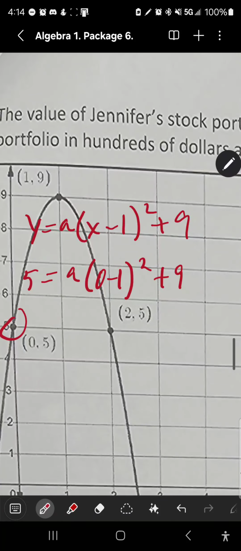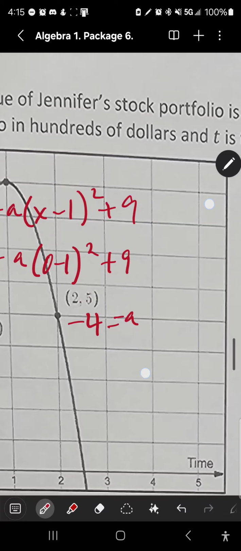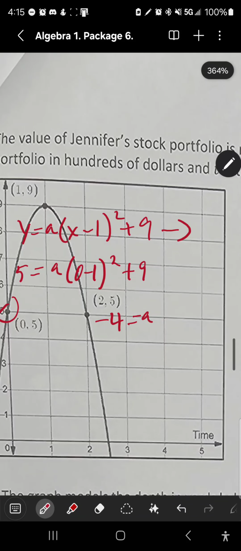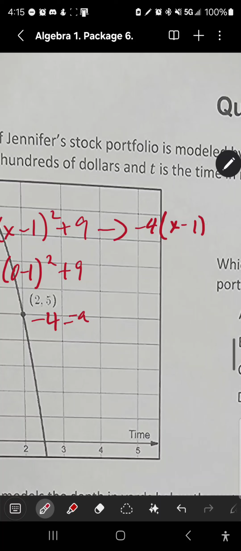I subtract 9 from both sides, so I have negative 4 equal a, and 0 minus 1 is minus 1, and minus 1 squared is just 1, so a times 1, which is a, so a is negative 4. And then I go here, and I have negative 4 times (x minus 1) squared plus 9.